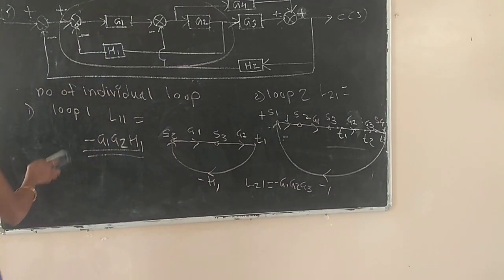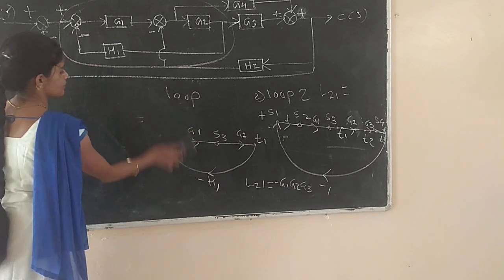This is the second loop L21. Then we see the third loop.